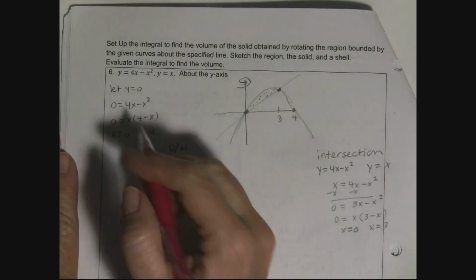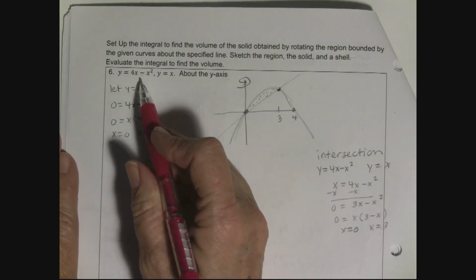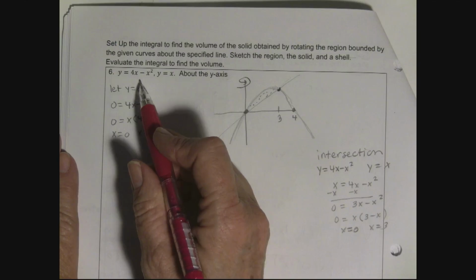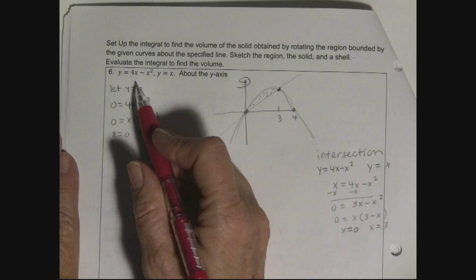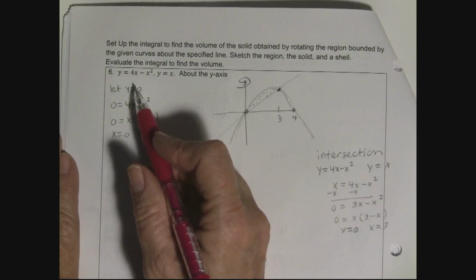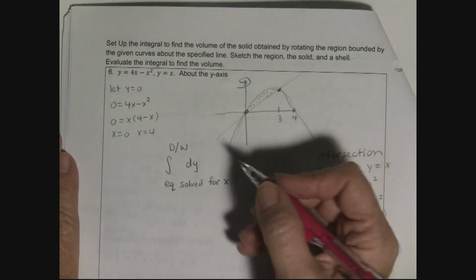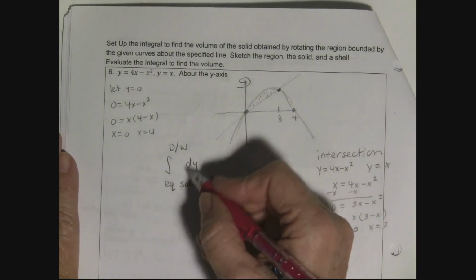So I look at this equation right here and I think, can I solve it for x? And the answer is, yeah, I actually could. The other one I could not, but it will be nasty, right? And it will have a square root in it. And I will have to then do integration with a square root, which sometimes means I have to do a u substitution. And I don't like to do a u substitution if I don't have to. So that doesn't seem too easy.